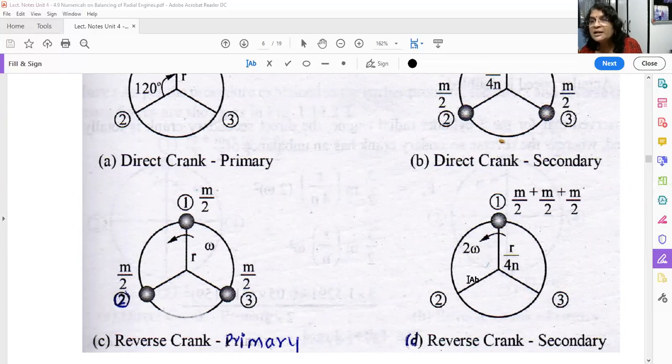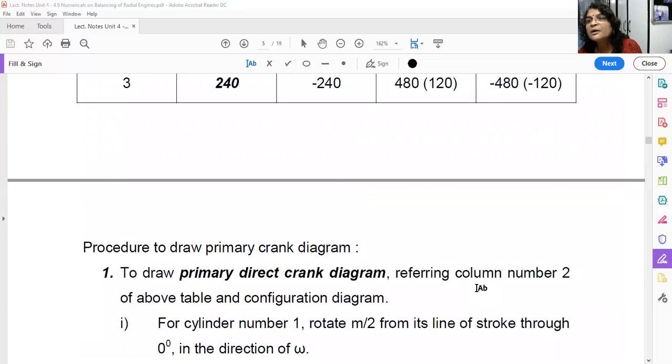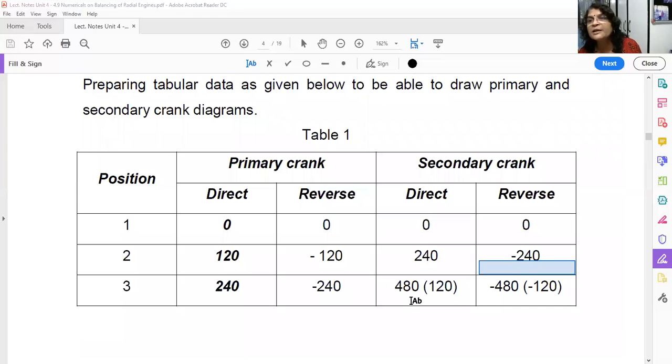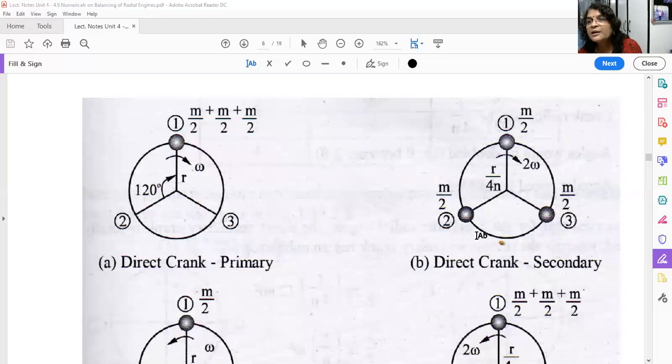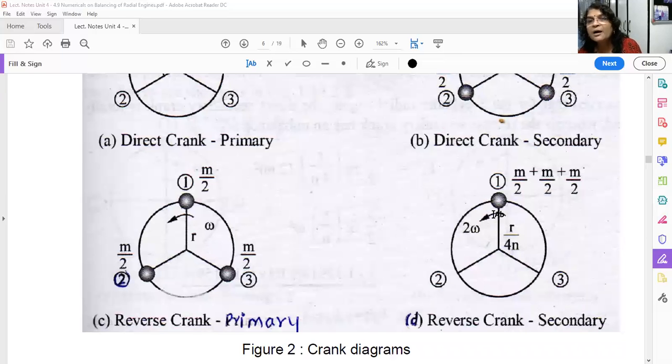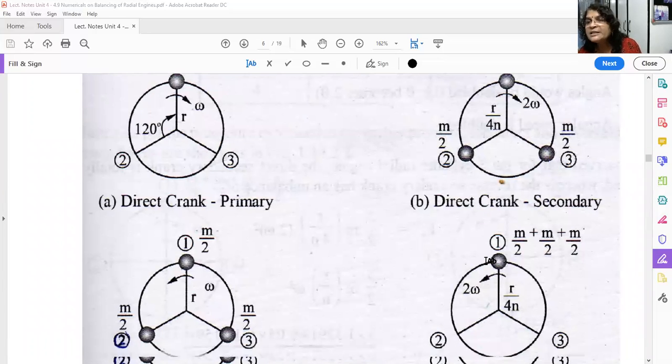Then cylinder number 2, you have to rotate by 240 degrees in the opposite direction. Sorry, cylinder number 2, opposite, what is the angle? Minus 240 degrees. So see here, this is your normal rotation, omega, so this will be reverse, meaning in this direction.